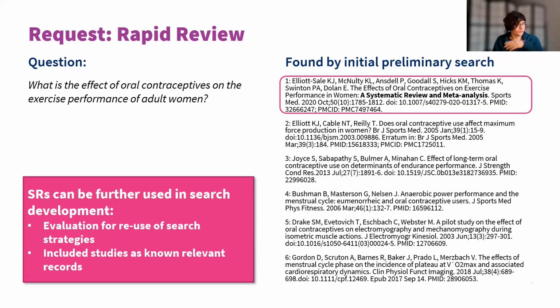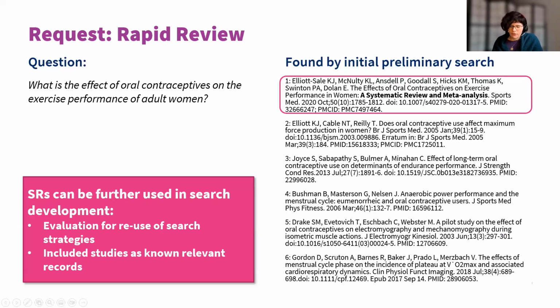So with a systematic review in our search, we can do two things. On the one hand, we can evaluate if we can just use the searches from the systematic review and update them. But the other thing is we can look at the included studies of the systematic review, select those studies that are specifically relevant to our research question and add them to our list of known relevant studies.